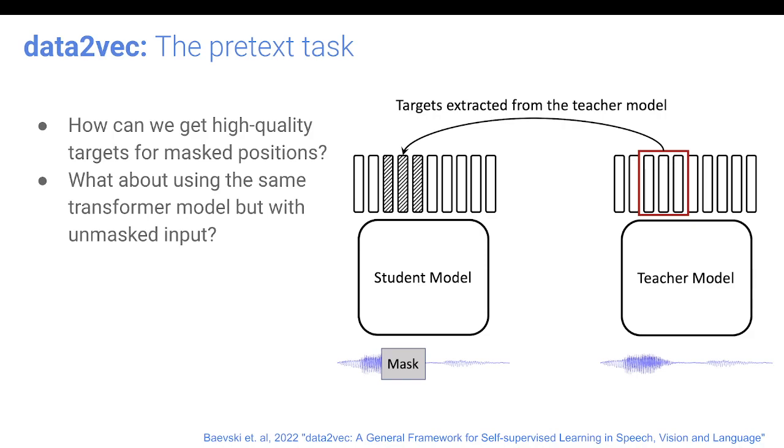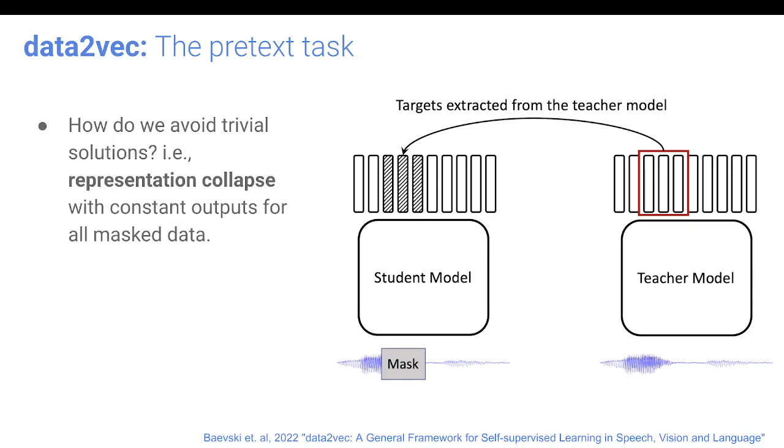One of them, you run the input in an unmasked fashion through the teacher model, and record a bunch of targets. Then when you run the masked version of the input, you use what the teacher model produced as the target of the outputs of the student model.